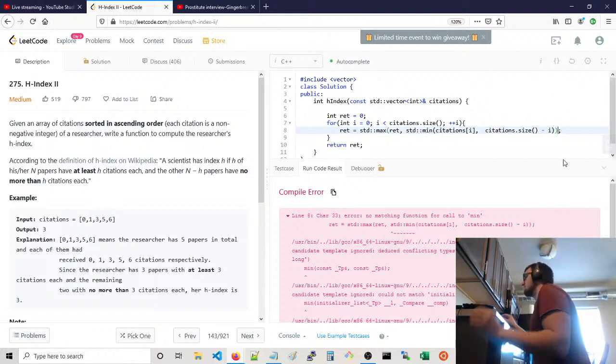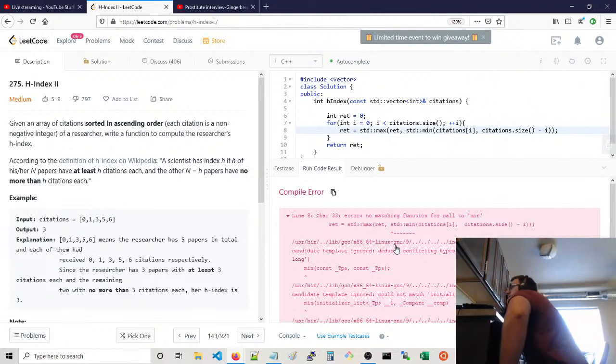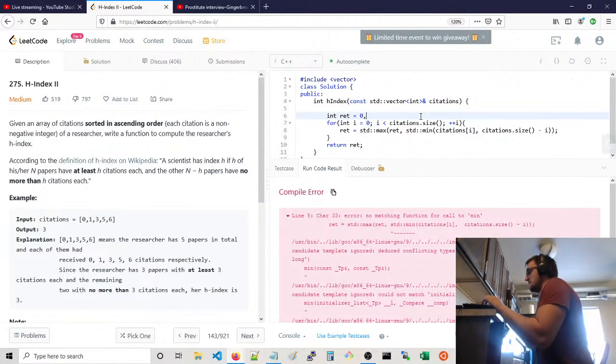Oh, I think I'm missing... No. What's wrong? No matching call function for call to min. Oh, unsigned long? Interesting. Really? Huh. Alright. Well, it's a little weird.